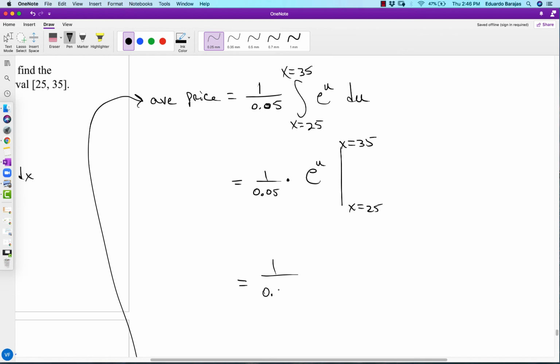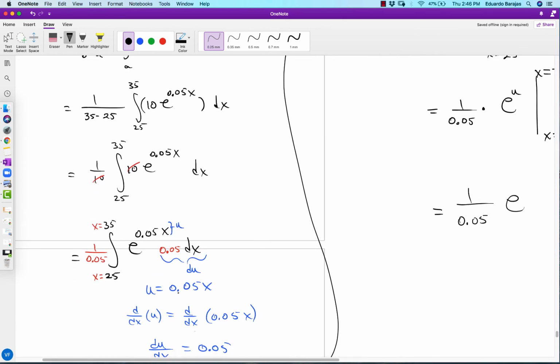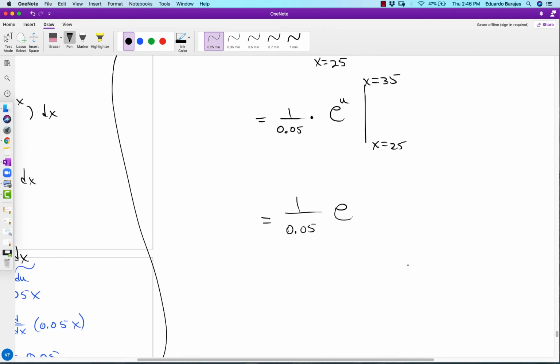And now I'm going to resubstitute my u. This becomes 1 over 0.05 e to the power of, and we let u equal, coming back over here, 0.05x. That's what gets plugged right into here. And then we're evaluating this as x goes from 25 to 35. And so we're almost done.